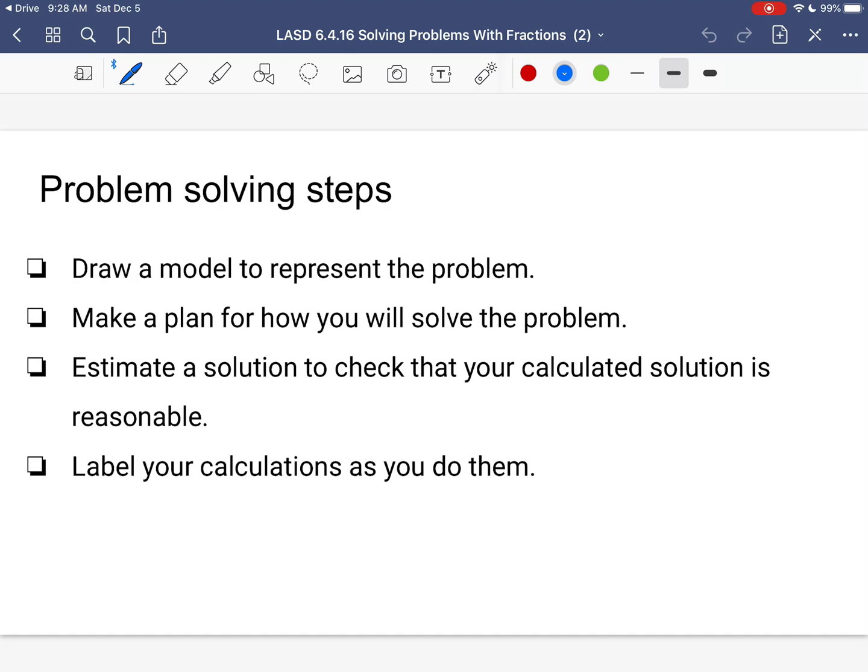It's good to make a plan and follow that. It's good to have an estimate so you can check that your solution is reasonable. And it's also good to label your calculations as you work so that you don't end up with a page of numbers. If you want to go back and check them, it's really hard to check unlabeled numbers.